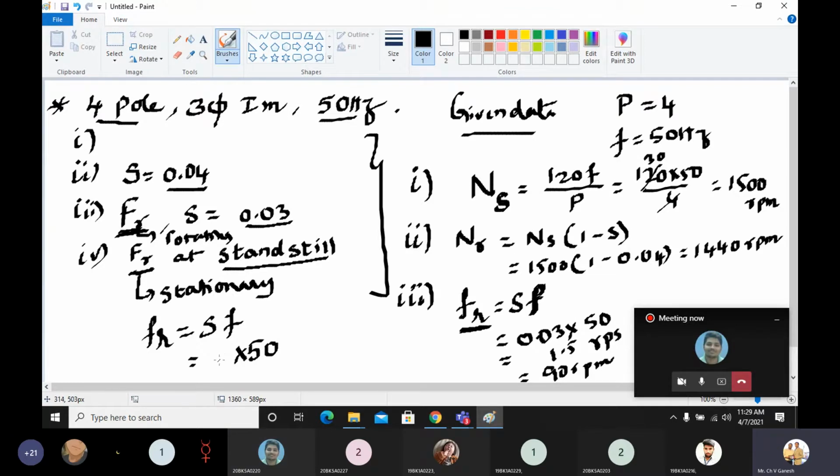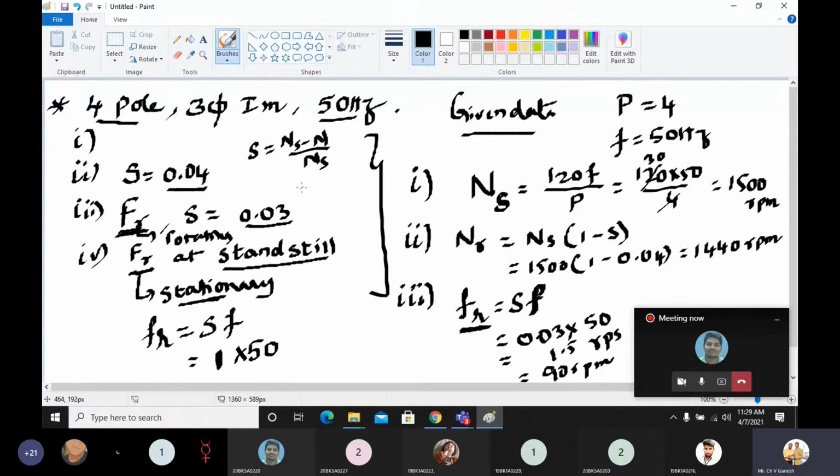1, sir. Right, 1. When it is stationary, the slip will be 1. Because what is slip? S is equal to (ns minus n) by ns. If it is stationary, what is the speed?